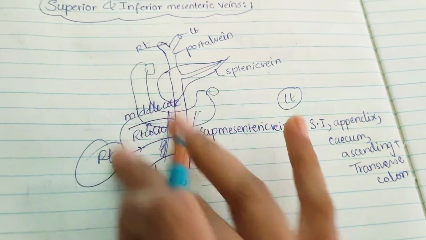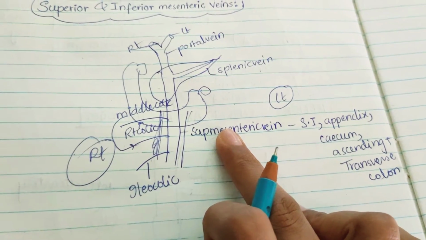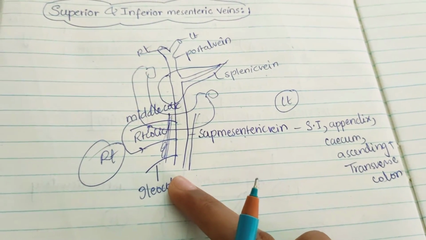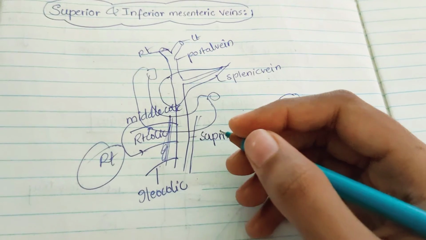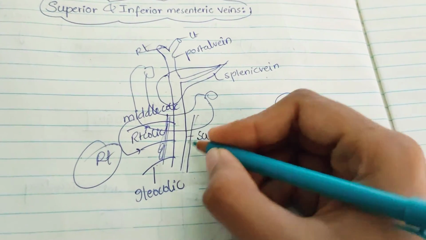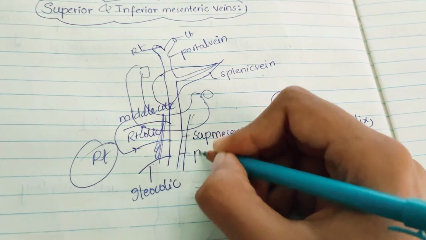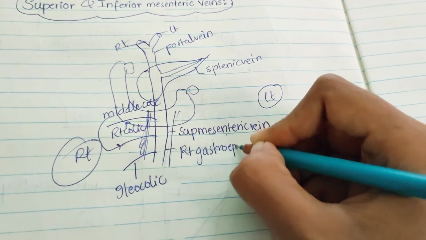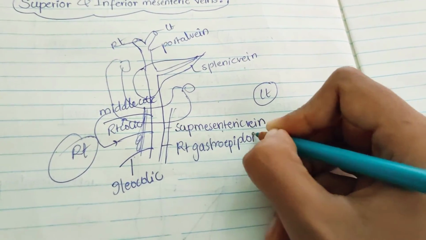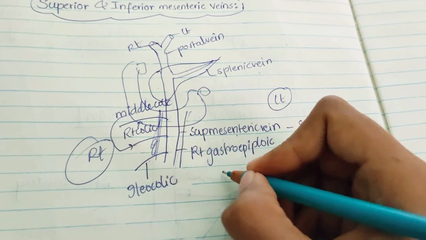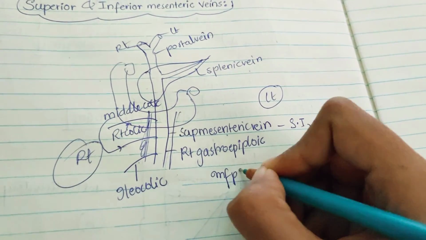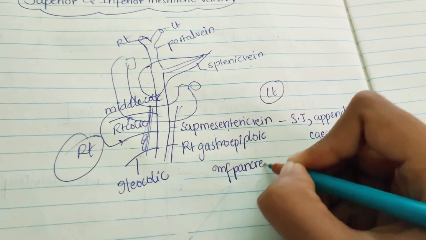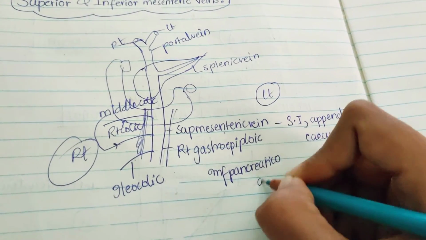So these are the three tributaries, and the other tributaries are the right gastroepiploic vein and the inferior pancreaticoduodenal vein.